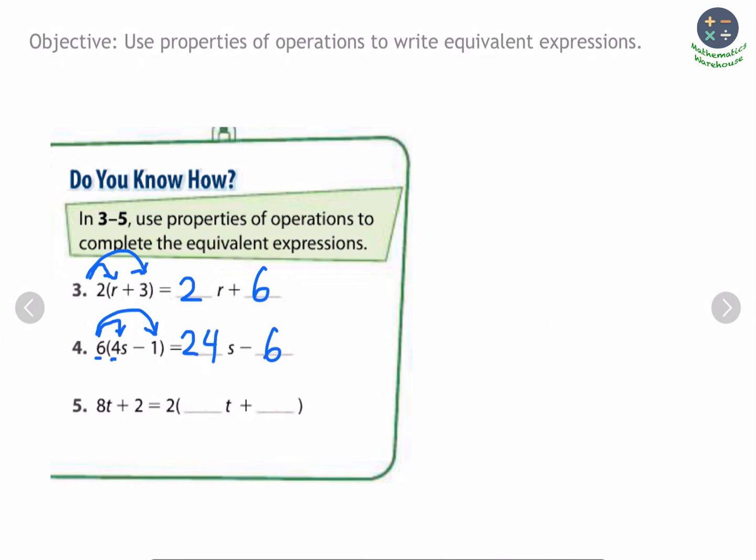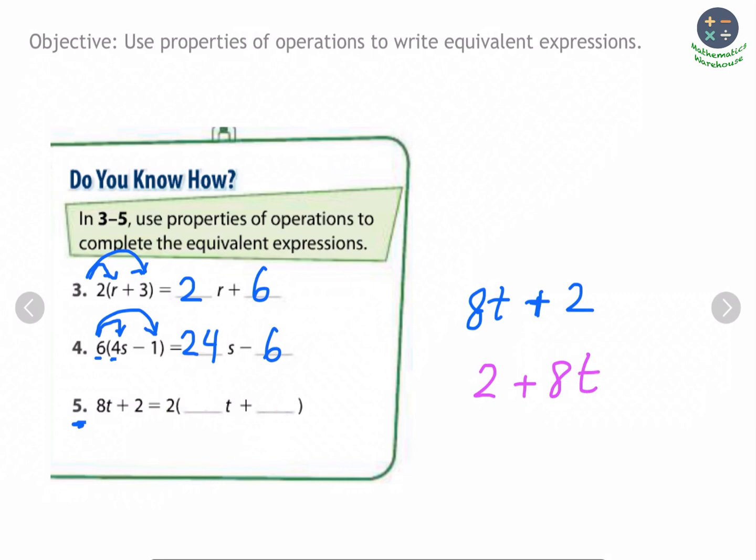The last one is the same as the example we just did. Actually, 80t plus 2, we have many answers for this. We can use the commutative property and write it as 2 plus 80t. This is an answer.